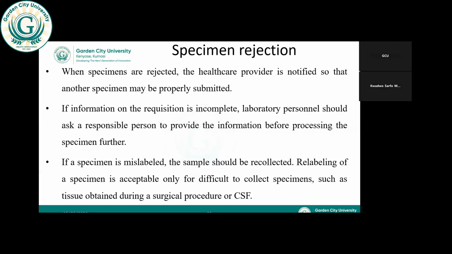It's bad not to tell the provider why they were rejected. Mostly you see the lab people reject and keep the sample with them without communicating. When you go back to ask for results, there should be communication all the time so that the patient or the client does not suffer. Incomplete information.